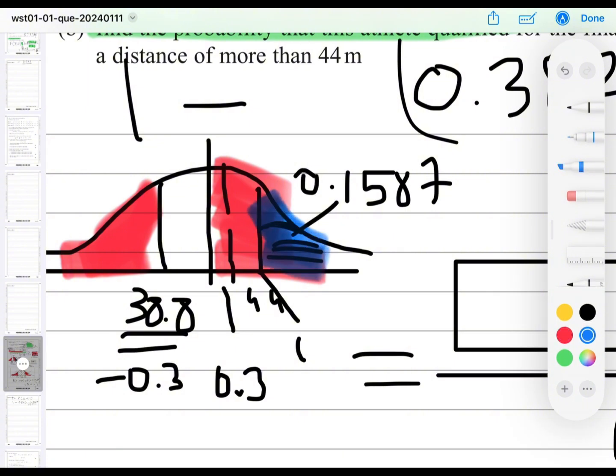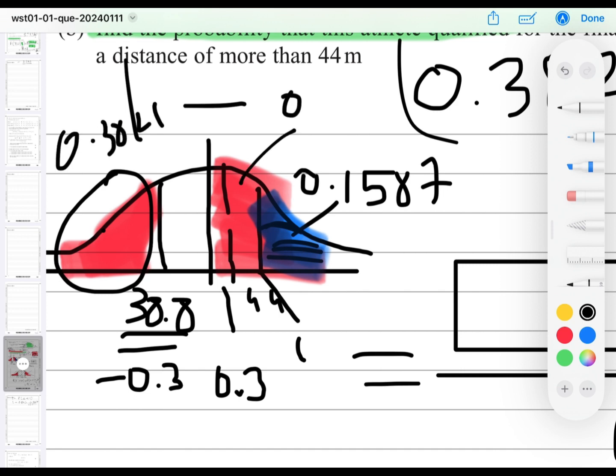So basically what we do in conditional probability, there is an intersection between the two events which they are talking about. Here the probability of more than 44 is 0.1587, and the probability of this portion is 0.3821, so this is also 0.3821.